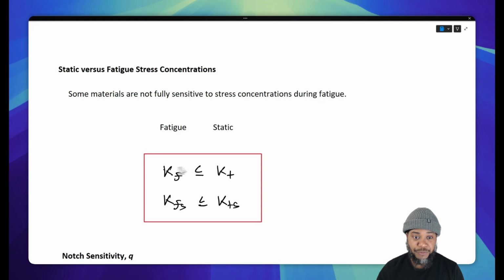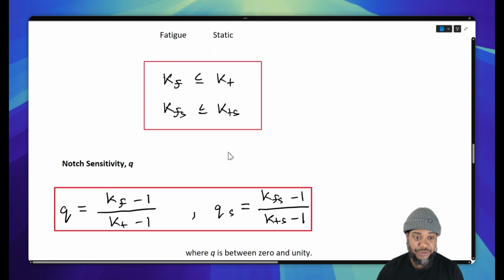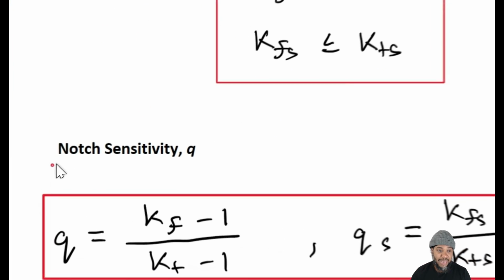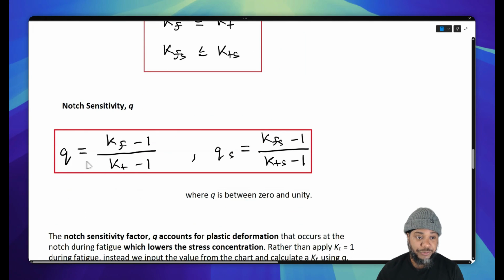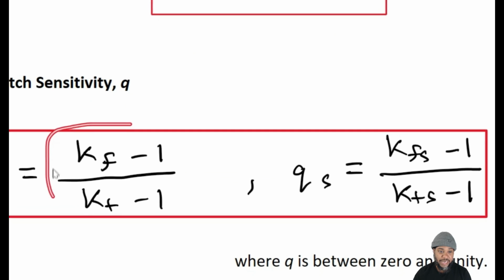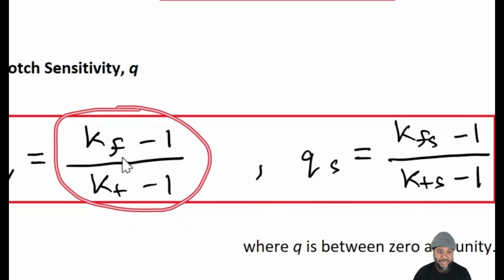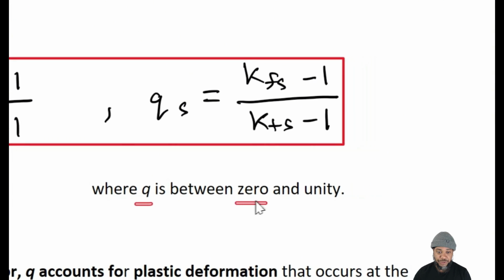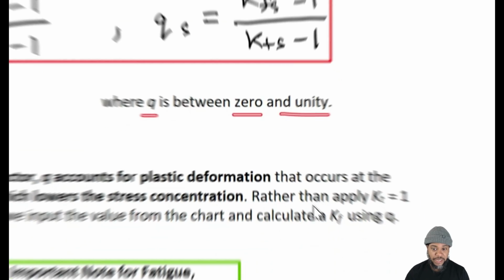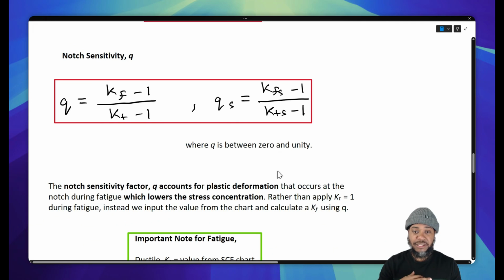The relationship between the fatigue and static factors can be rewritten as a notch sensitivity factor q, where q is equal to Kf minus 1 divided by Kt minus 1, where q is between 0 and 1, which relates to not sensitive or fully sensitive.